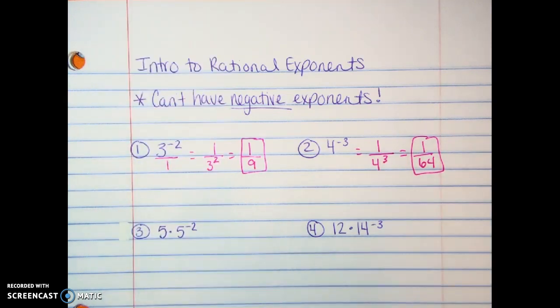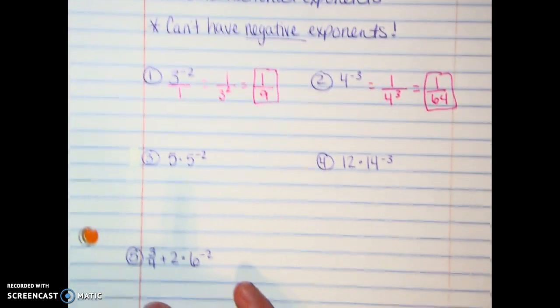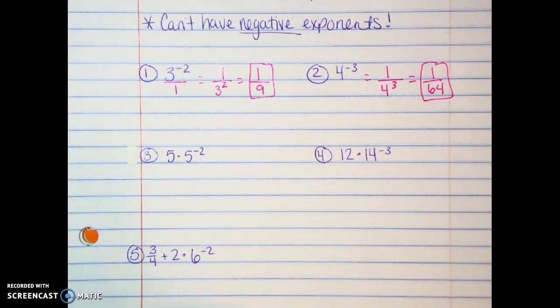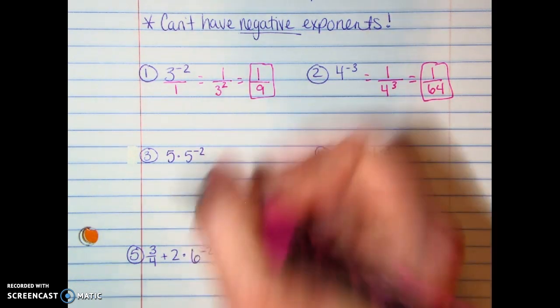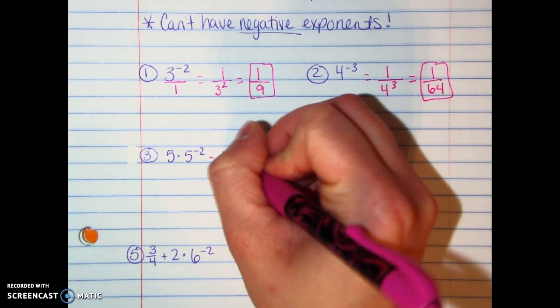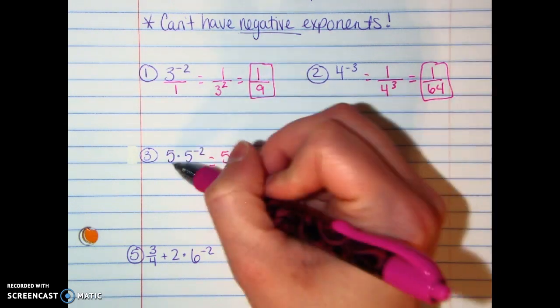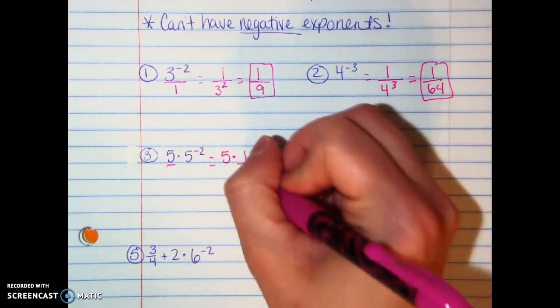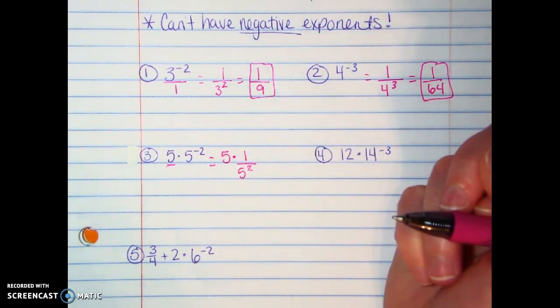Okay, now these get a little bit more exciting, if you will. So this is 5 times 5 to the negative second. So we have to simplify it first by moving this down to the denominator. So this becomes 5 times, this is that 5 right there, 1 over 5 squared.